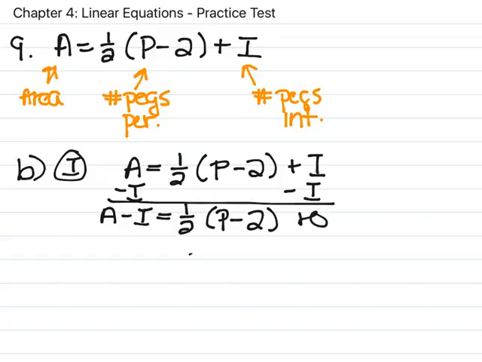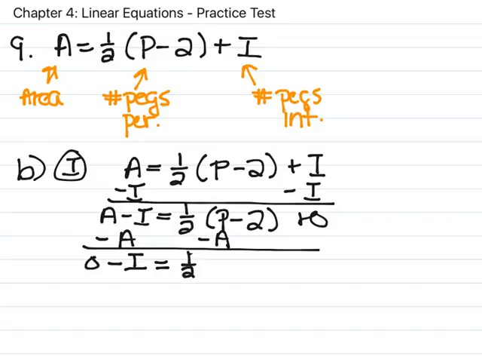So next I'm going to subtract A from both sides, which gives us negative I is equal to half P minus 2 minus A. So we're almost there, except we have a negative sign in front of the I. That's the same as having a negative 1 hanging out in front of the I, so we're going to divide by negative 1 all the way across, which just results in a sign change.